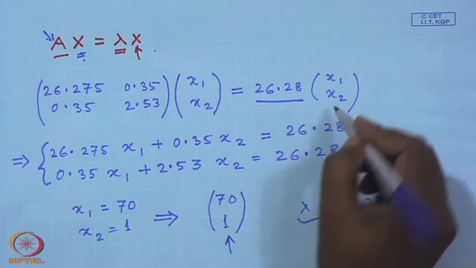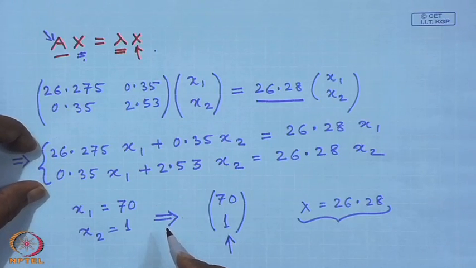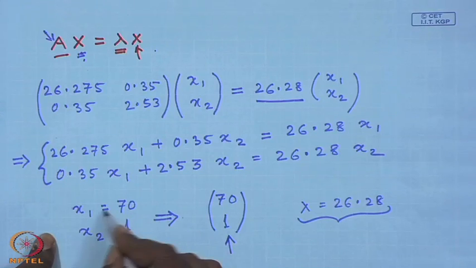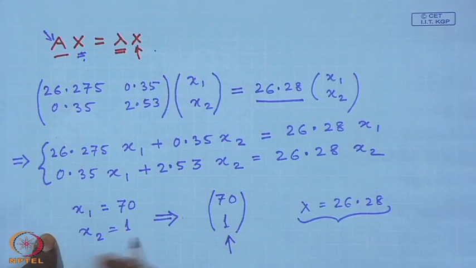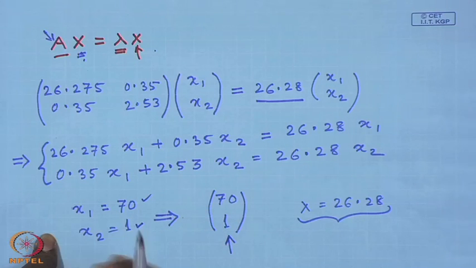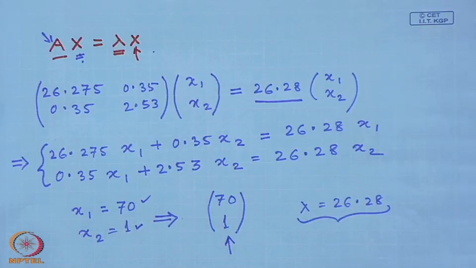So, 26.28 times x 1, x 2, I get two simultaneous equations, solve these equations to get the values of x 1 and x 2. So, here you find that x 1 will be equal to 70 and x 2 will be equal to 1. If I try to get the value from the other one, the values will be slightly different, and the difference in values from these two equations is because of the truncation error.